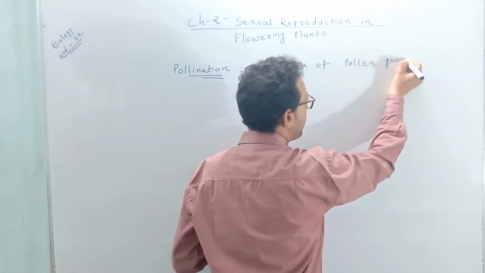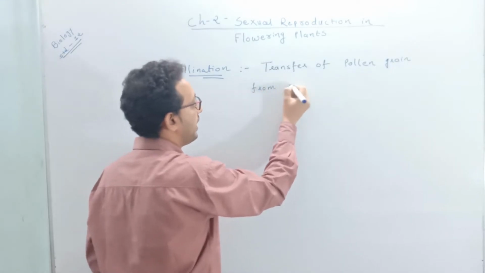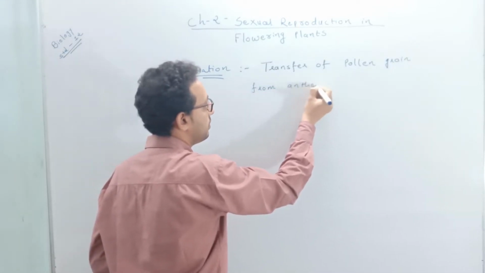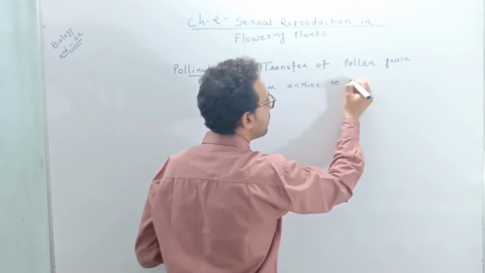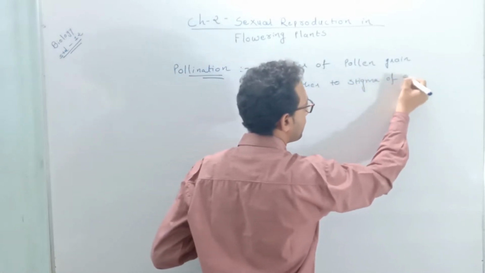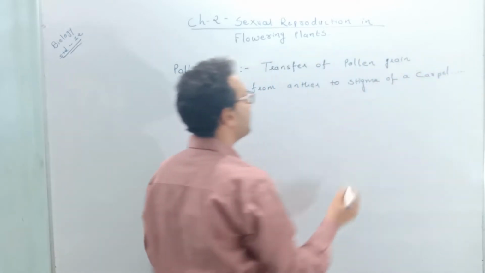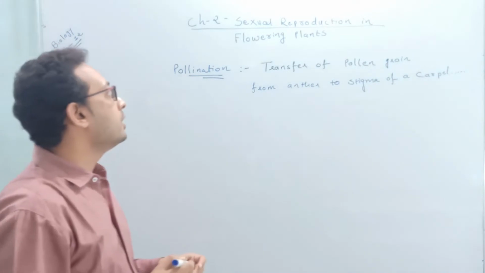From where is the pollen grain produced? From the anther to the stigma of a carpel. This process is called the pollination process.